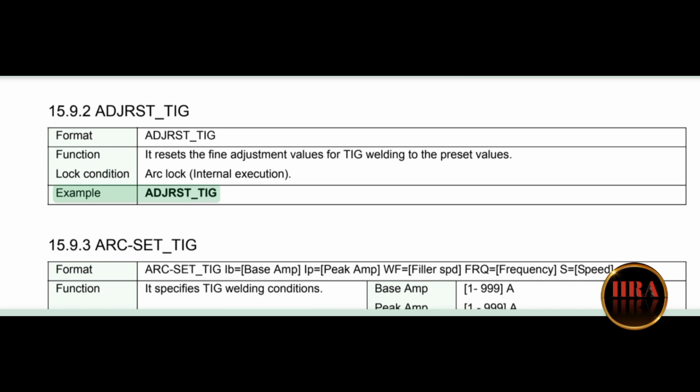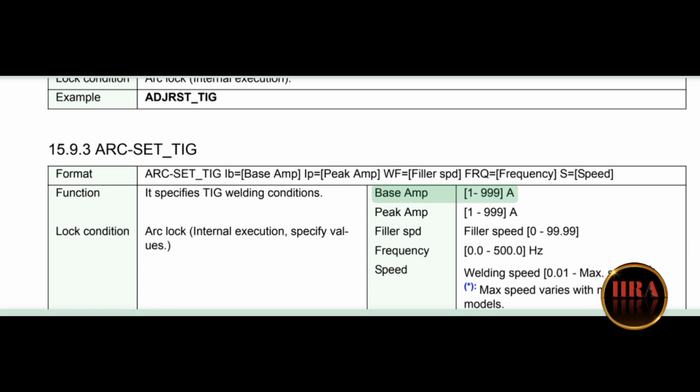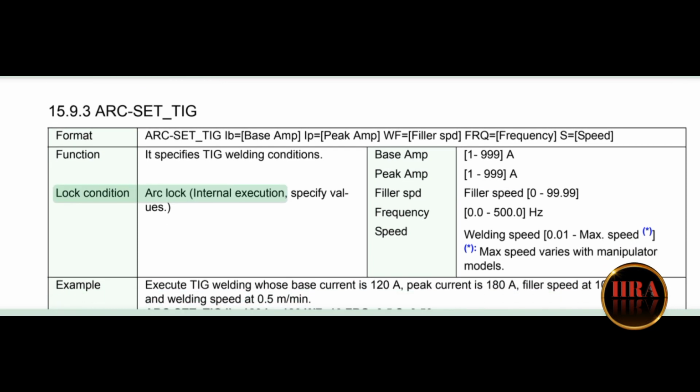ADJRST_TIG. Format: ARC-set_TIG IP equals base amp, IP equals peak amp, WF equals filler speed, FRQ equals frequency, S equals speed. Function: it specifies TIG welding conditions. Base amp: 1 to 999 A. Peak amp: 1 to 999 A. Lock condition: arc lock, internal execution.